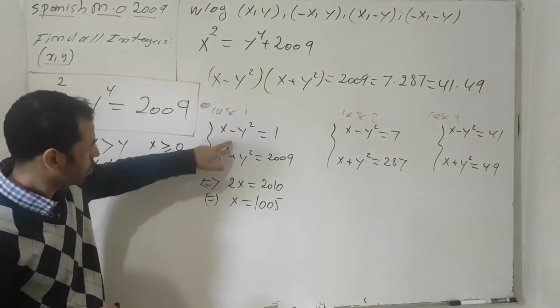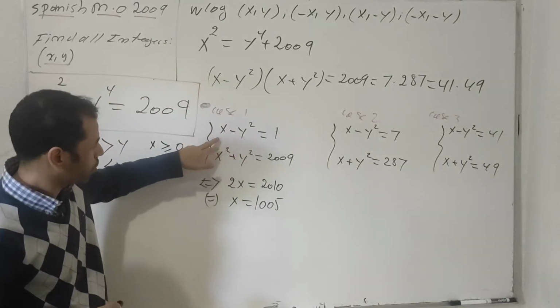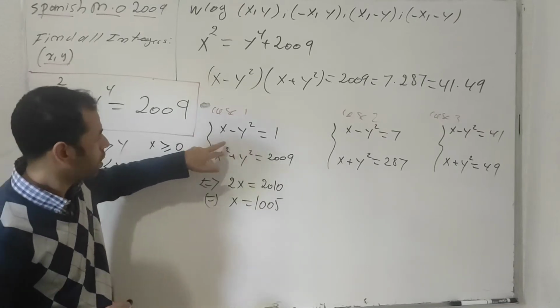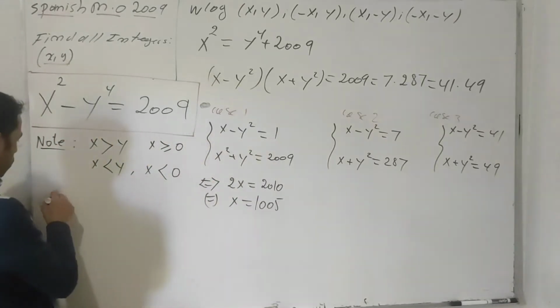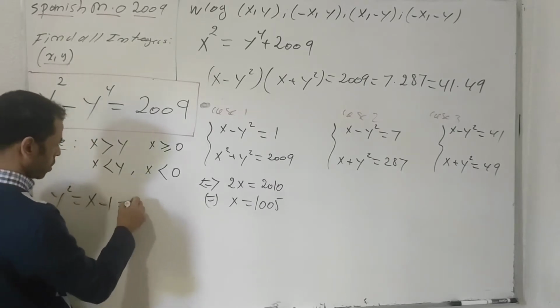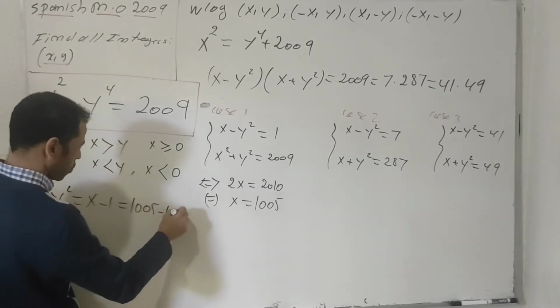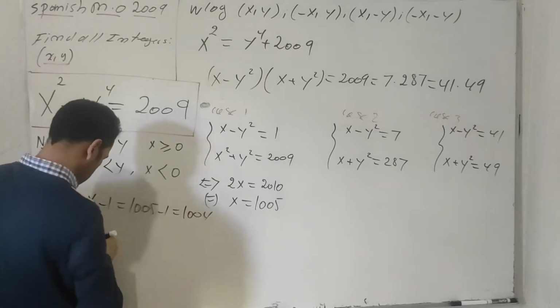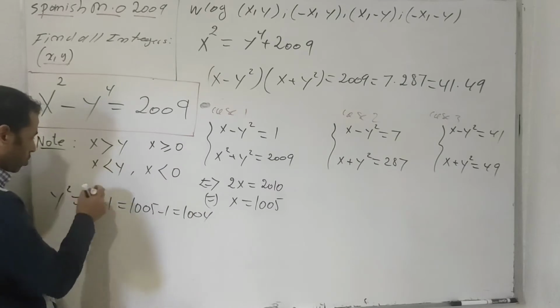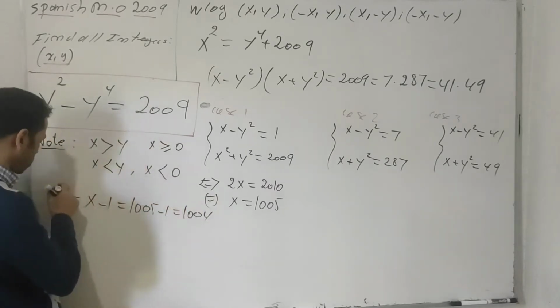To calculate y, I simply use the first equation, so y squared equals x minus 1, which is 1005 minus 1, which is 1004. But this is not a perfect square, so this possibility is ruled out. This is not a solution.